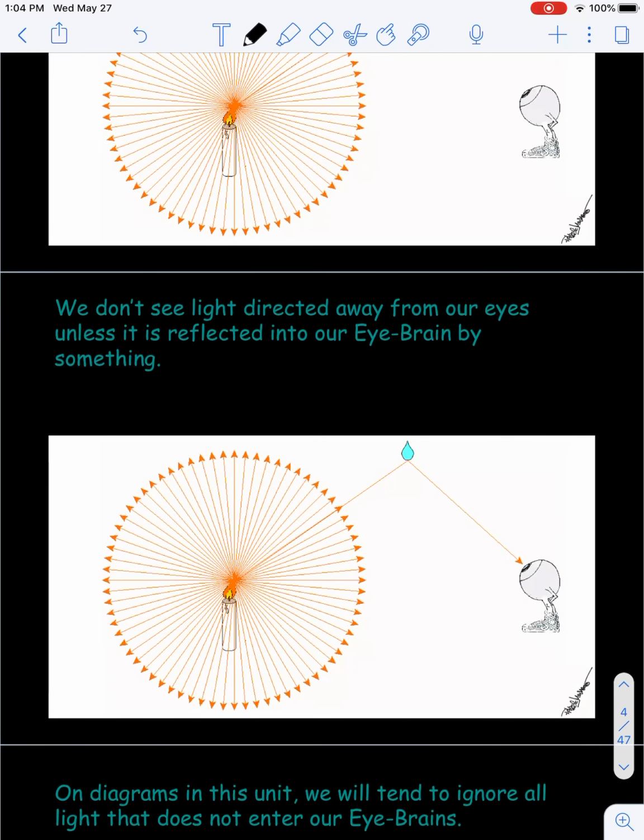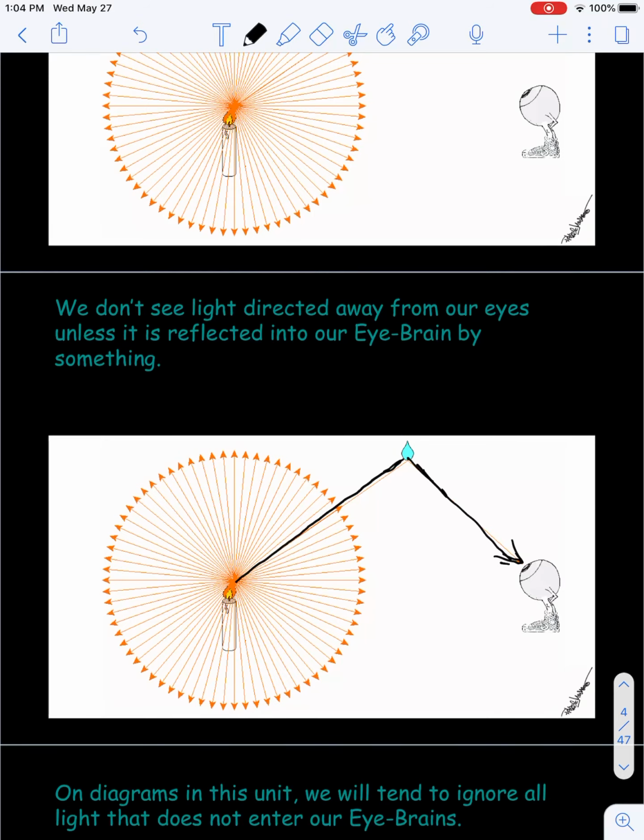So here, if we look at this specific light ray, that light ray would not enter our eye. However, if there's something that it interacts with, in this case a droplet of water, that will cause the ray to be reflected or bounce off of it into our eye, then we can actually see that light ray.